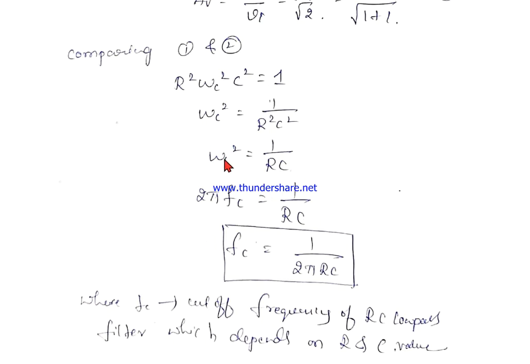So this is not omega c square, this is omega c. 2 pi fc into 1 divided by RC, so fc is equal to 1 divided by 2 pi RC. So cutoff frequency depends only upon the resistance and capacitance values. It doesn't depend upon the frequency of the input.